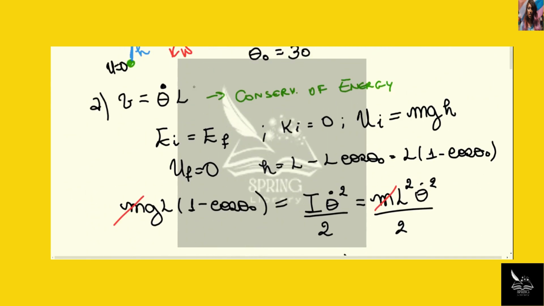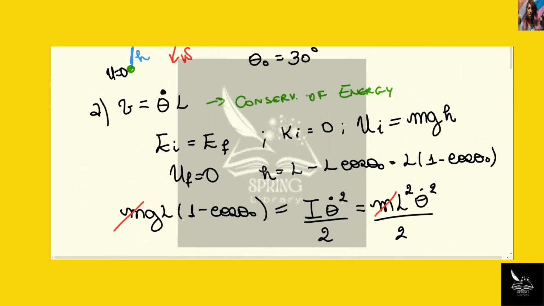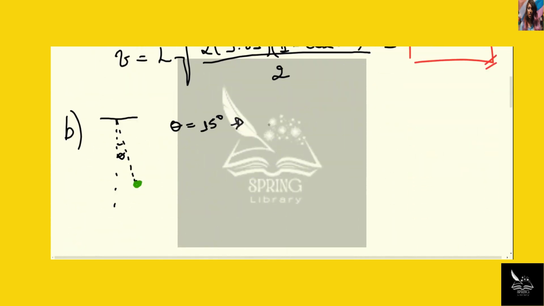So the initial energy of the system we calculated in question A is mgl times 1 minus cosine of theta 0, in which I'm calling theta 0 30 degrees, okay?